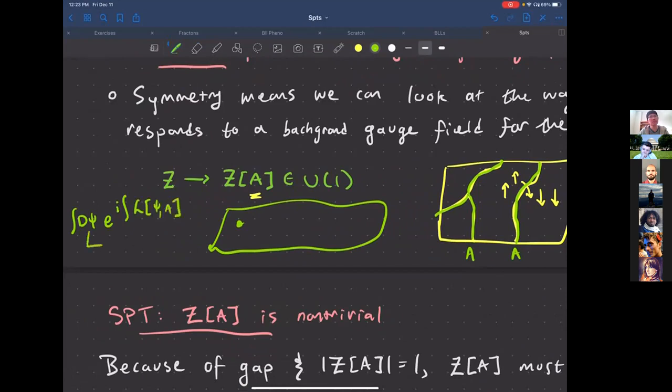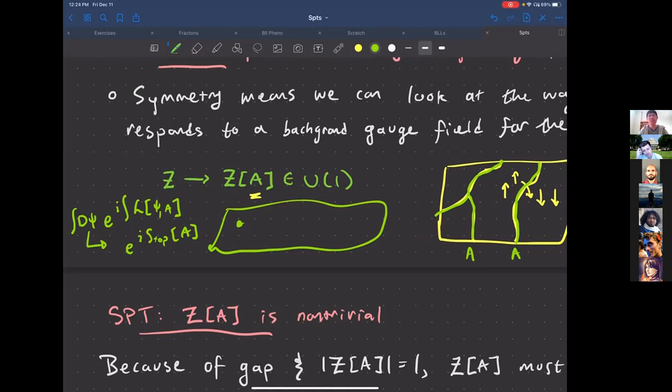Then you integrate out the matter fields, and they're all massive, and they produce something like this. We'll see how matter fields, even though they're massive, can still produce something like this.